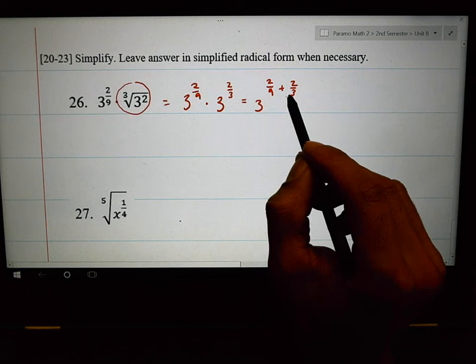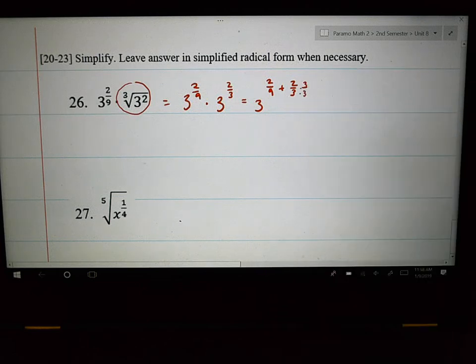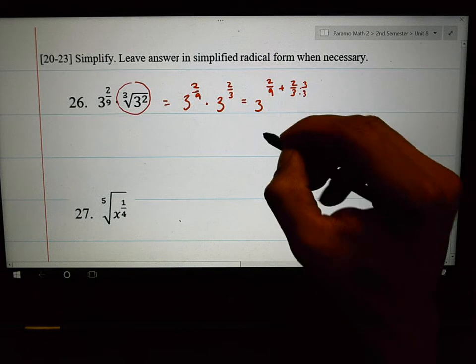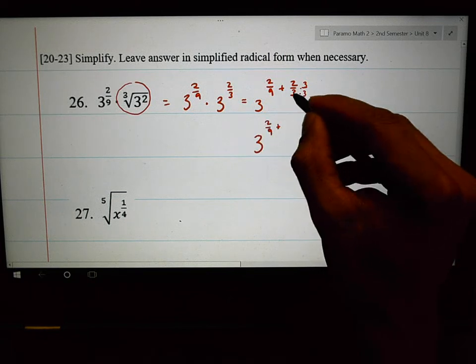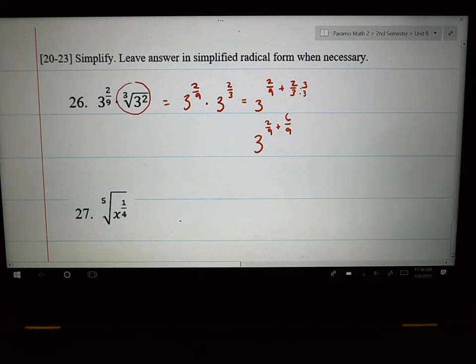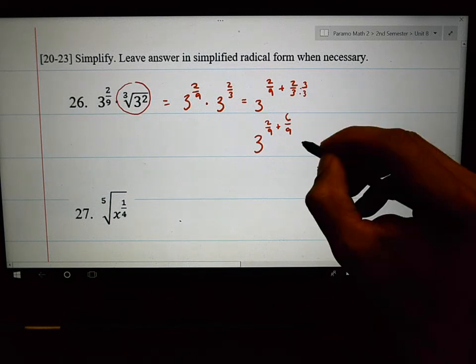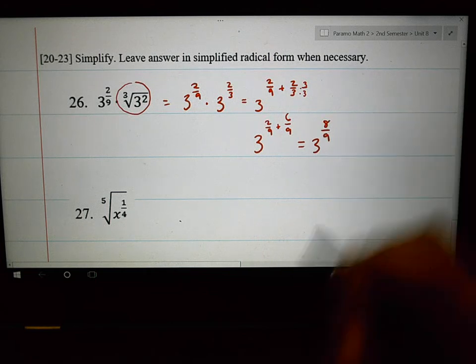How do I find it? I have to multiply this one by 3 over 3. Hopefully you remember doing that. This is the same thing. I'm going to leave the 2 over 9 alone. This is 2 times 3 is 6/9. 2/9 plus 6/9 is equal to 8/9.